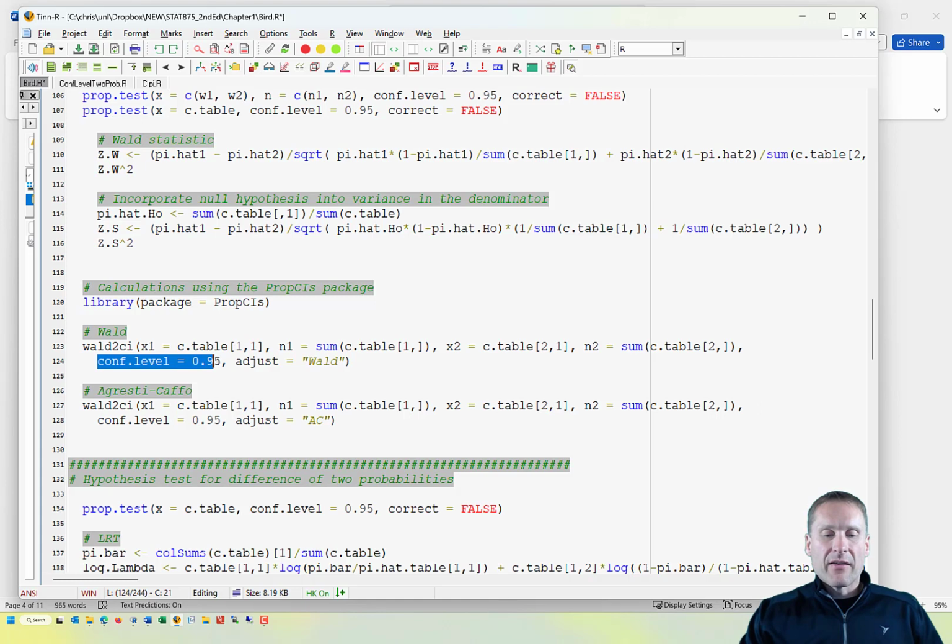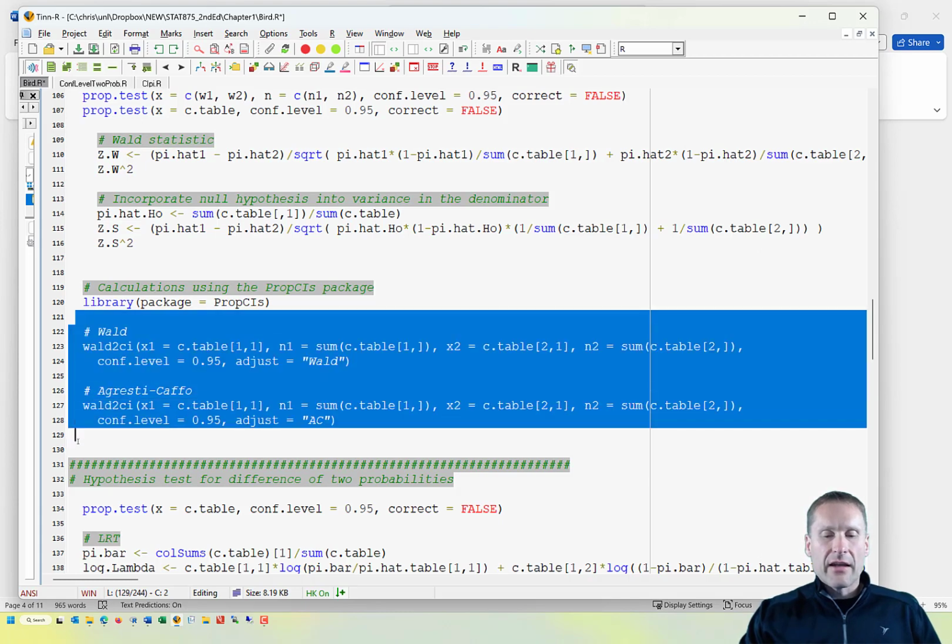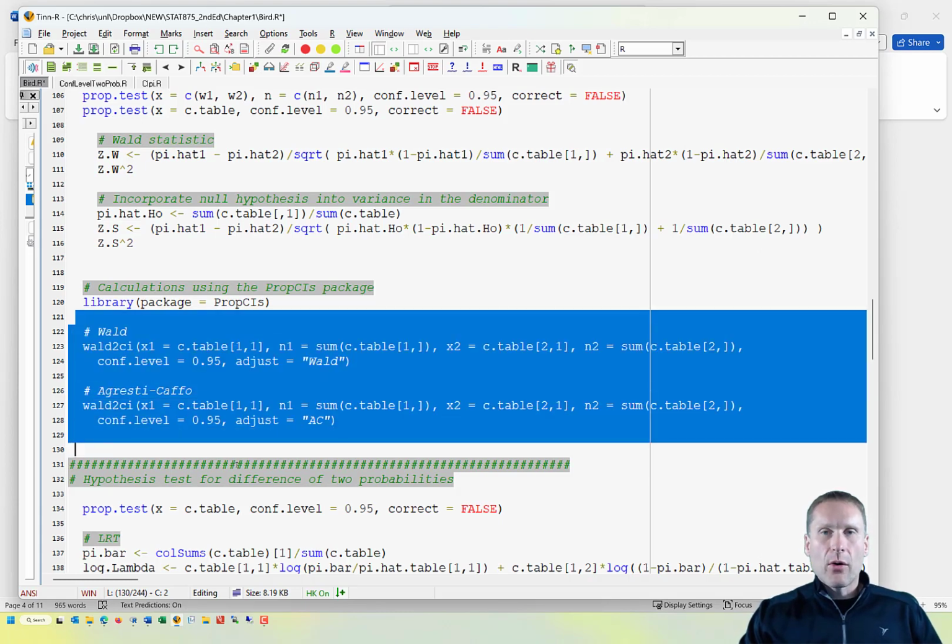I specify my conf.level, and then adjust corresponds to the confidence interval type. In this particular case, I'm going to use the Wald interval. The reason why it's called adjust is because when we do the Agresti-Caffo interval, we can use adjust equal AC for that, which is like an adjusted interval. So let me go ahead and run these two segments of code.